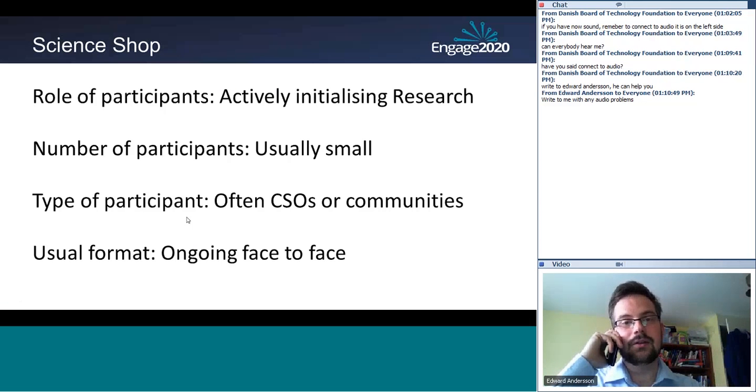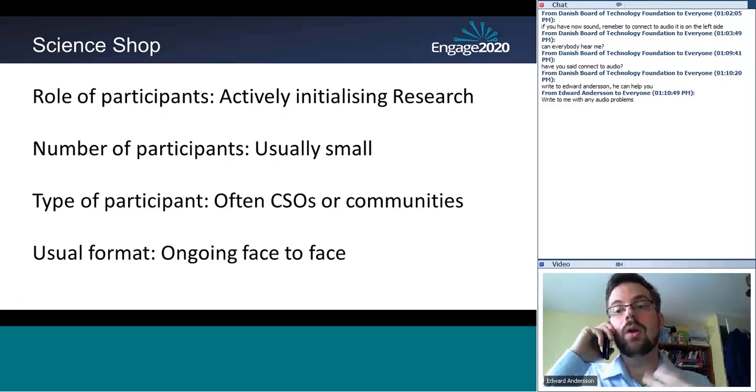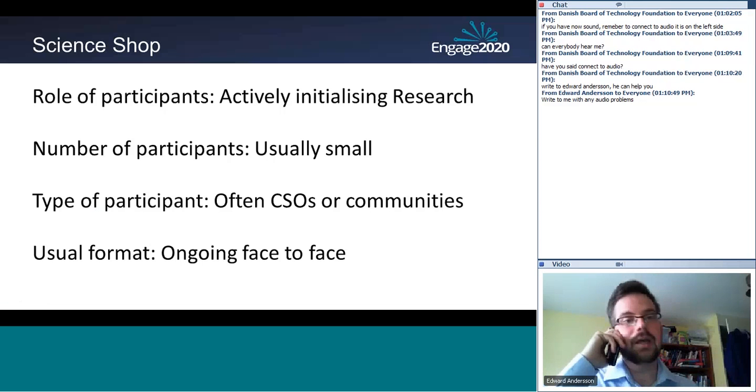One million Zooniverse people might on average only spend 10 minutes, half an hour on this, whereas in a science shop, citizens will typically be more involved. You could do it online, but often it's face-to-face, and often it's ongoing over a longer period than some of the other methodologies.